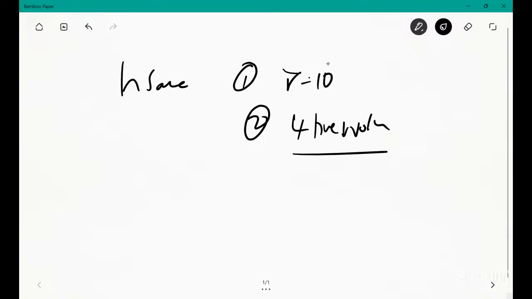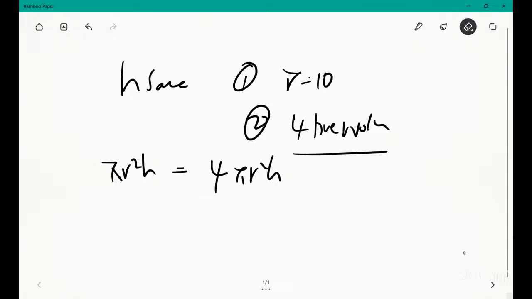So what's the equation of volume? It's pi r squared h. They are saying both have the same height and one is 4 times its volume. So 4 pi r squared h. Height is the same, so the pi cancels.